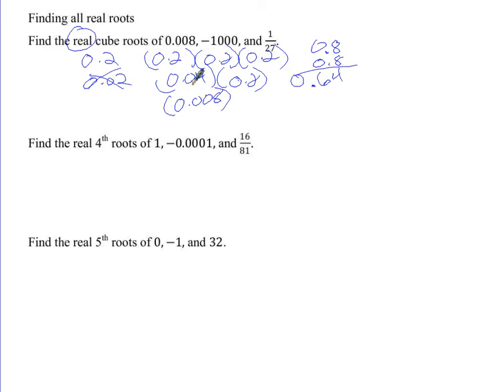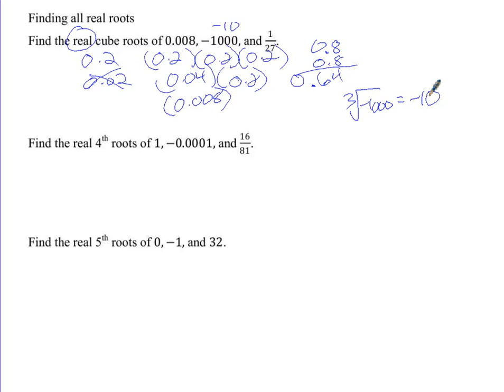How about negative 1,000? What number times itself 3 times gives me negative 1,000? Negative 10. So therefore, the cube root of negative 1,000 equals negative 10. And how about 1/27? Why 1/3?